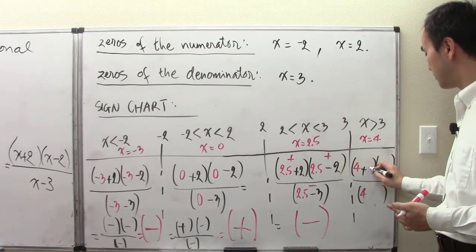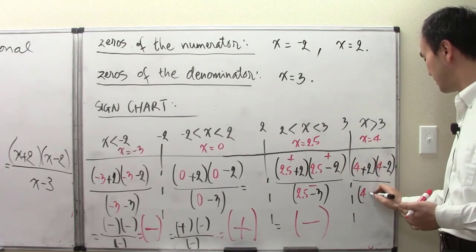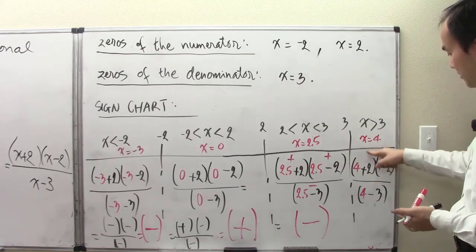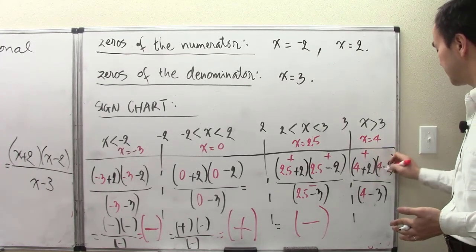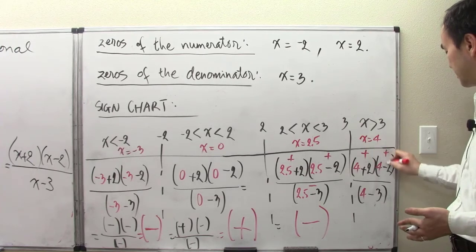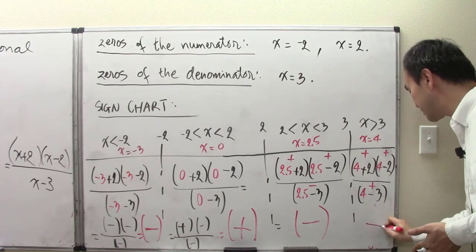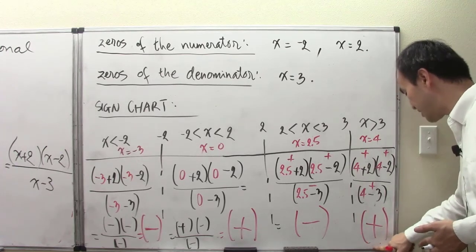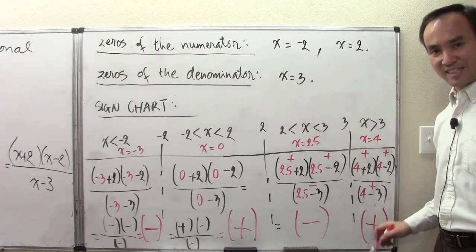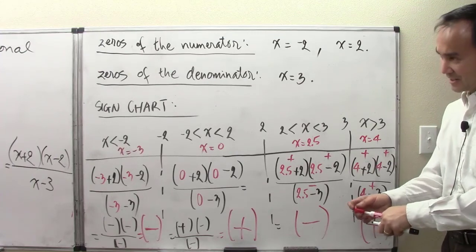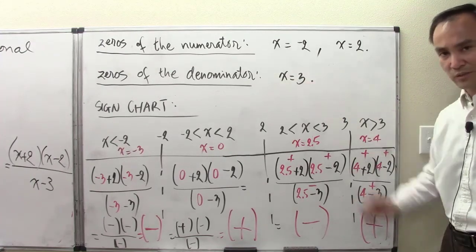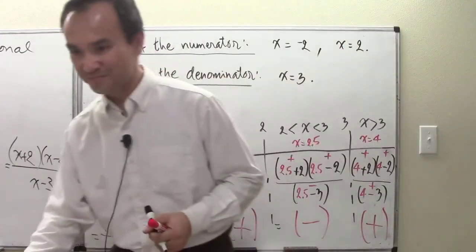This is plus 2, minus 2, minus 3. Okay, so the first factor here is positive. The next one is positive. The last one in the bottom is also positive. So now my overall sign is positive, that big giant plus sign right there. So that's how we complete the sign chart. All right, so now let's move on to the other board to answer our final question.